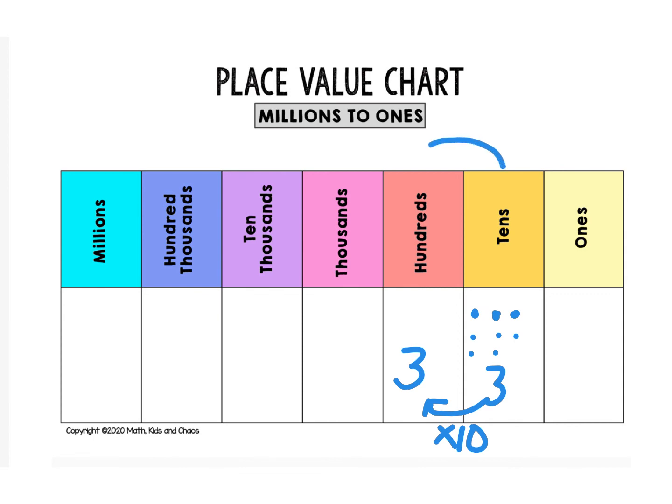Every time you move one place value spot, you make a number 10 times bigger. You make a row of these 10 dots and you bundle them and slide them over every single time.